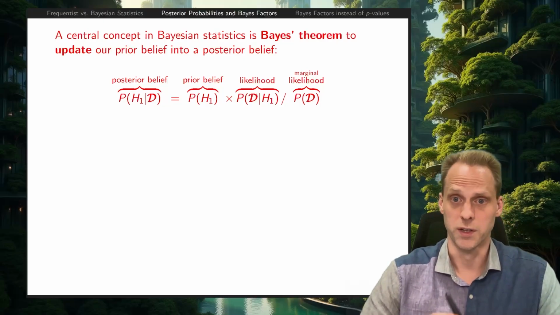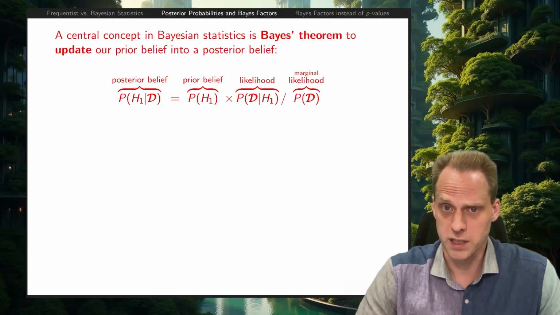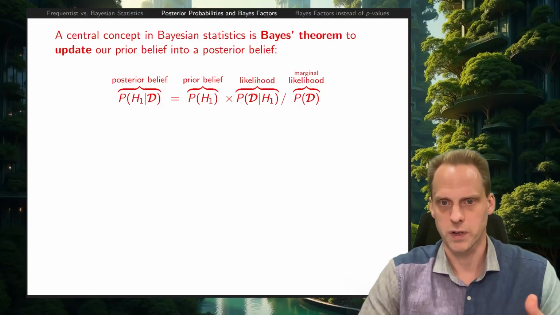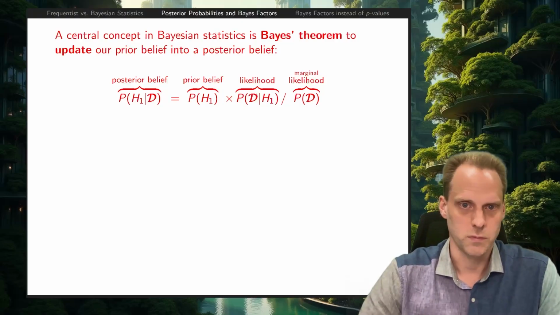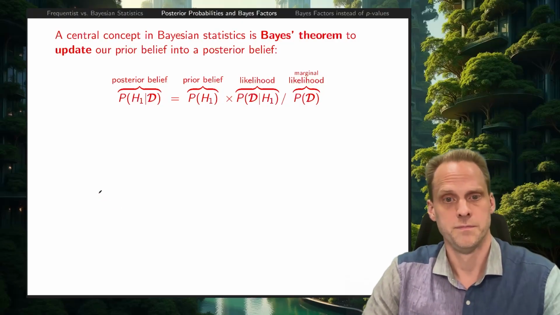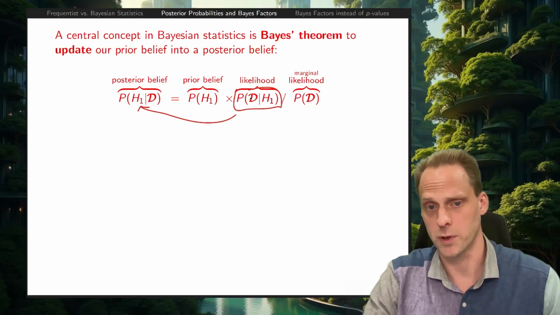You can derive this yourself. If you want a fun exercise, try to do it. I'm not going to require it from you, but you could try to derive it yourself. This formula is a way that you can flip this thing around to get the probability of the hypothesis given the data.